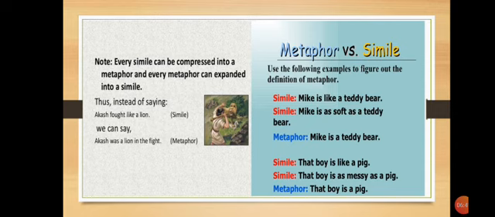Now children, metaphor, simile, and then we have simple comparisons also. For example, if we say the girl sings like Rihanna, right? This we cannot call a simile. Why we cannot call it a simile? Because we are comparing two same things, two same people with similar qualities. Rihanna also sings and the girl also sings.